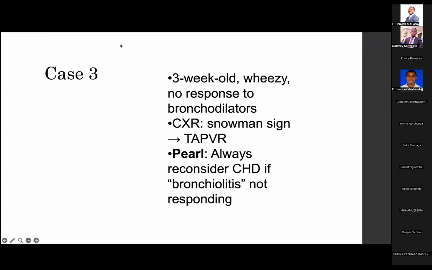Now, Dr. Wendy, can you take this? I will. This is a 3-week-old who is breathing hard and wheezy, but no response to suctioning and bronchodilators. And this chest X-ray shows a snowman sign, or a very hazy and enlarged heart, which I think we'll show in a minute. And this one was total anomalous pulmonary venous return, which is an obstructive phenomenon where the blood is obstructed from re-entering the heart, causing pulmonary congestion.